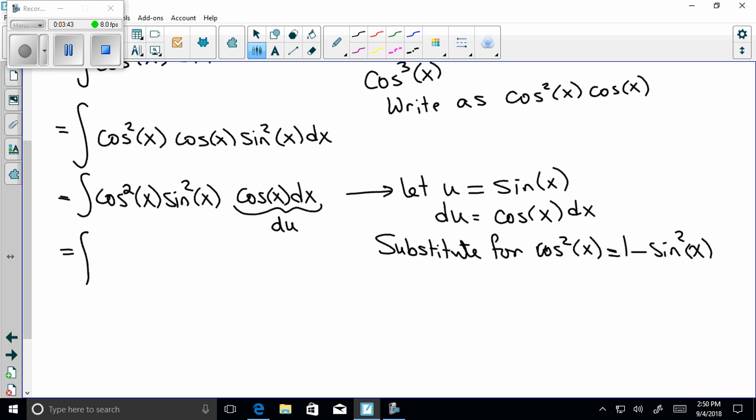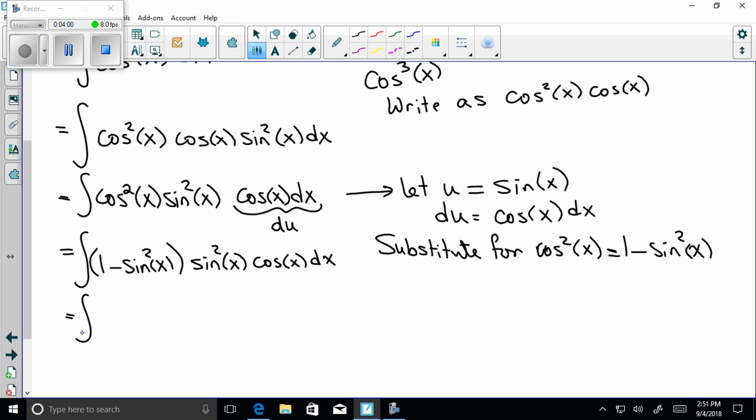So this becomes the integral of 1 minus sine squared x times sine squared x cosine x dx. And now I'm going to go and put u's down.